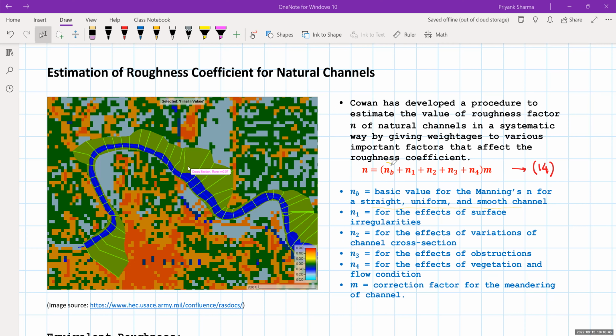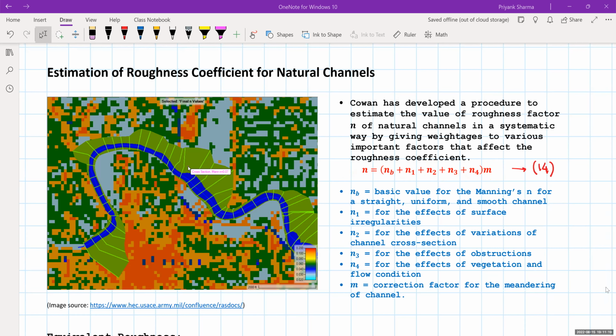If your channel is straight and uniform, you give nb. Now if there are some surface irregularities, you add n1. If that is absent, you neglect that term. If there is variation in cross section, you add n2. If there is any obstruction like a bridge, you add n3, otherwise it can be neglected. If there is too much vegetation, then this term will be added, and if there is meandering, then this term is a multiplicative term. Thus you get the corrected roughness coefficient for your channel.